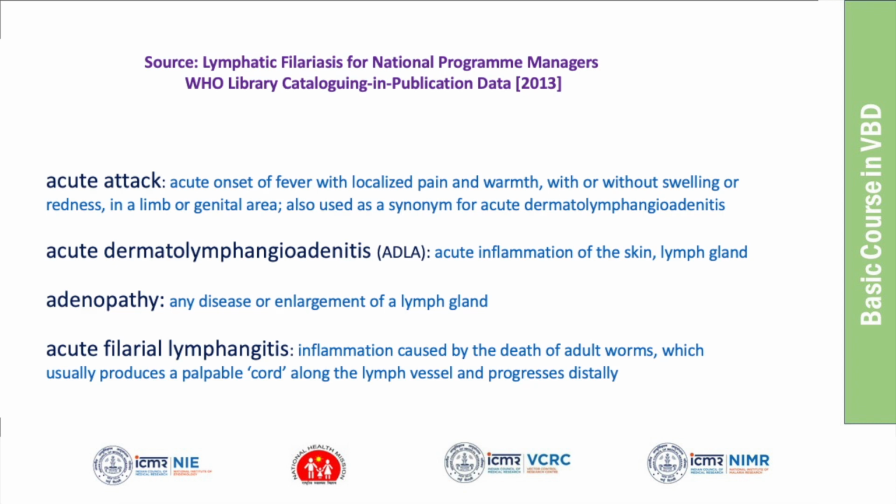When the filarial lymph vessel is inflamed, caused by the death of an adult worm, which usually produces a palpable cord along the lymph vessel progressively distally. Suppose you have the lymph node in the armpit or in the groin, then during this stage you will be able to see a streak or a thin red line, you will be able to see with the fingers. That is the acute filarial lymphangitis stage.